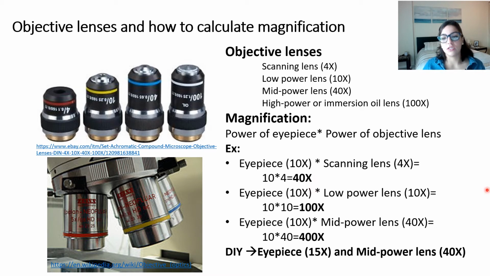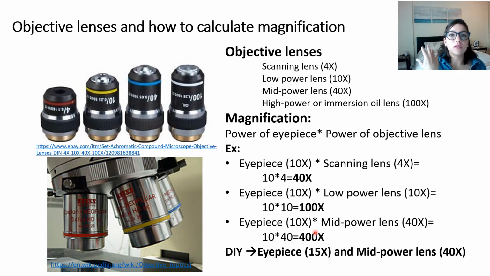If we are using the 10x lens, then we multiply the 10x by the 10x in the eyepiece, and we have 100 magnification. If we're using the 40x lens, we say 40 times 10, it's 400, and that's the way we have the final magnification.